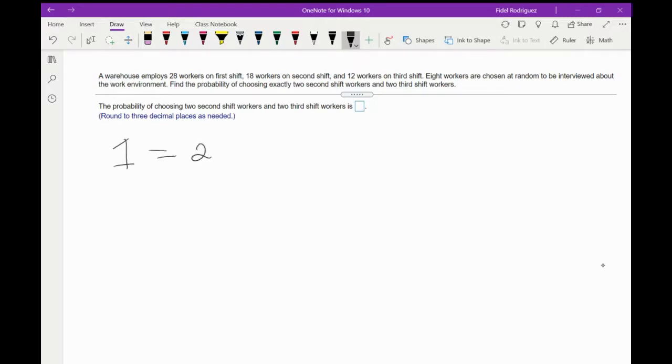Shift 1, we have 28. Shift 2, we have 18. And shift 3, we have 12. The first thing I want to know is the total number of workers. I'm going to take those numbers, 28 plus 18 plus 12, to get our total, and we have 58 workers.